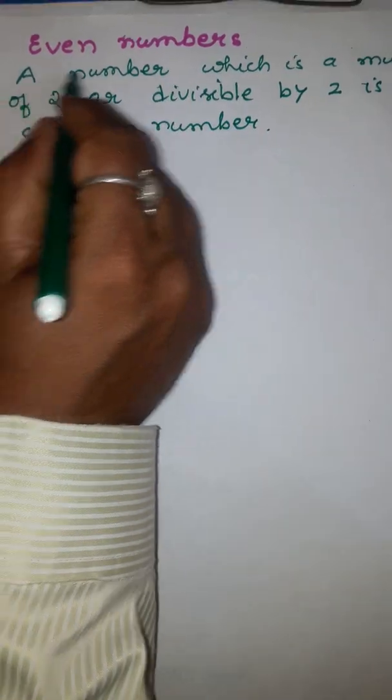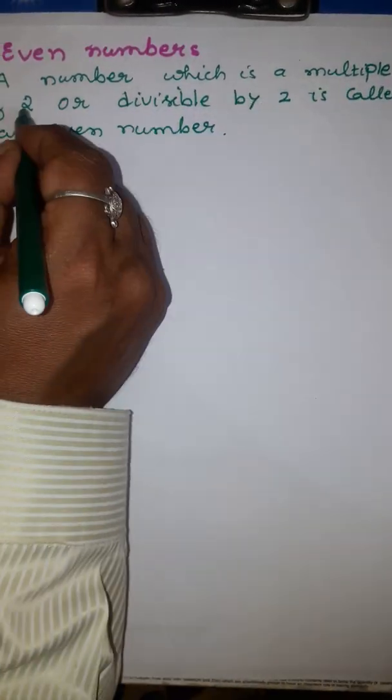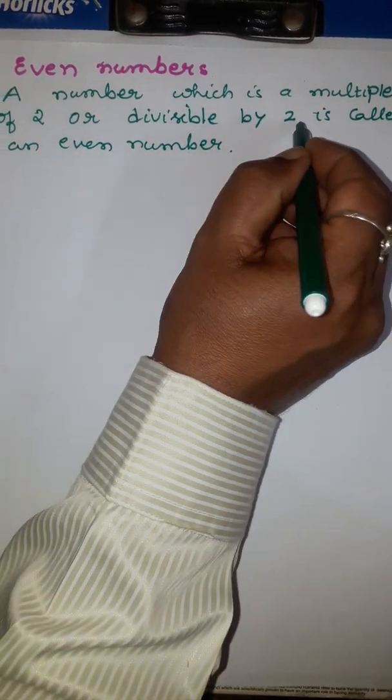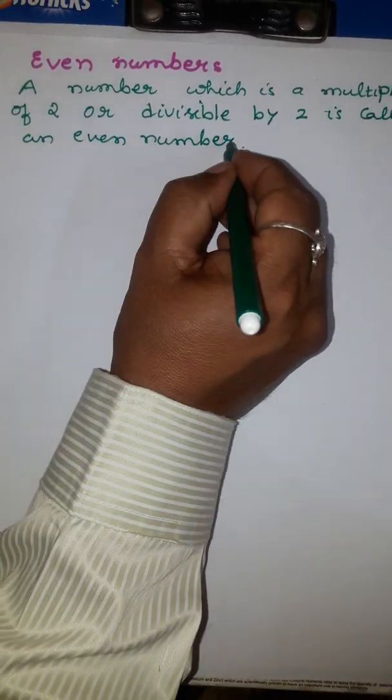Once again, repeat: a number which is a multiple of 2 or divisible by 2 is called an even number.